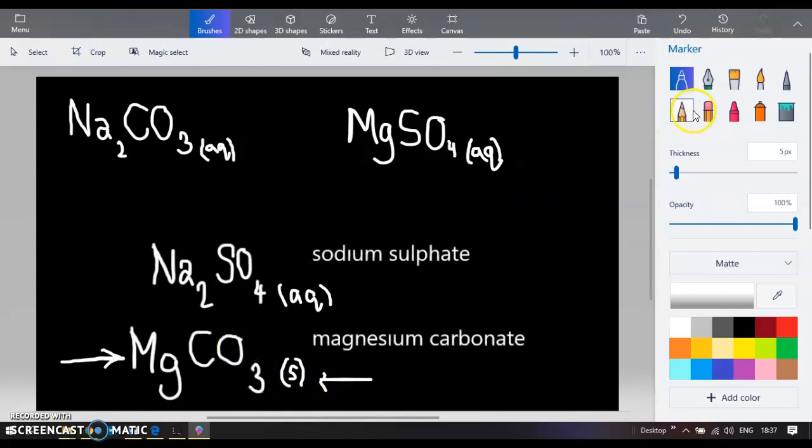A little bit of extra information. You really need to start getting a working knowledge of the charges of the ions as well. Each one of the two sodium ions has a positive charge.